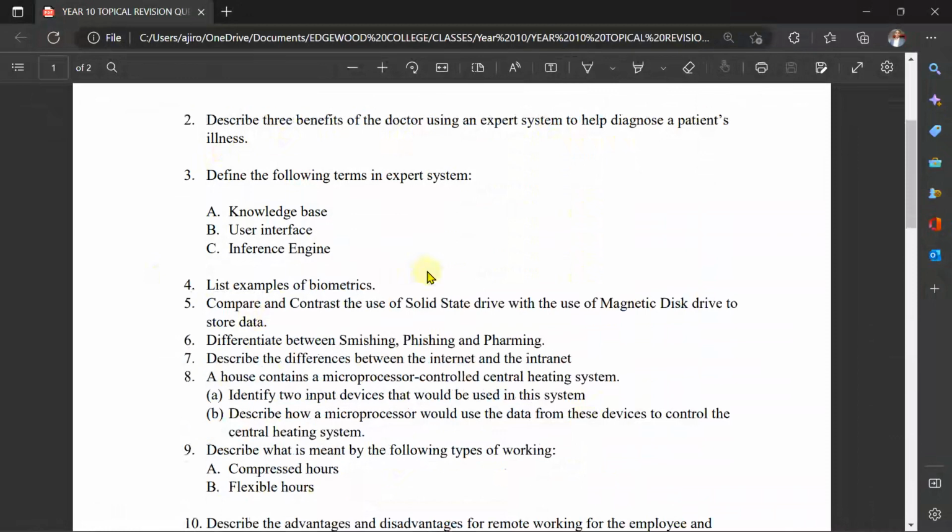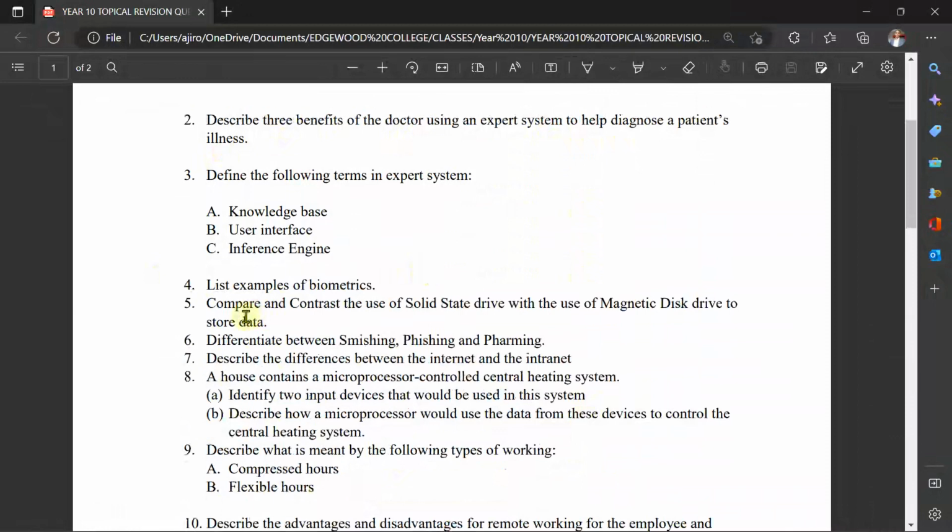We have the logins and the likes of that, but now we have another form which is called biometrics. So examples of those biometrics could be face recognition, iris and retinal recognition, finger and thumb recognition, hand recognition, and voice recognition.